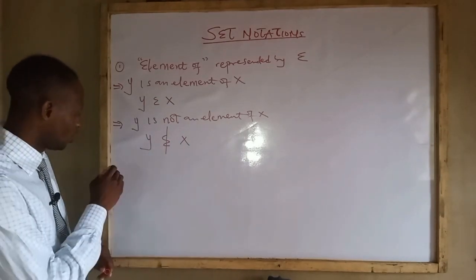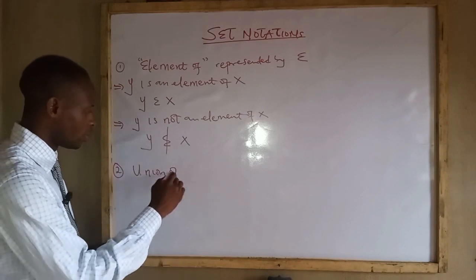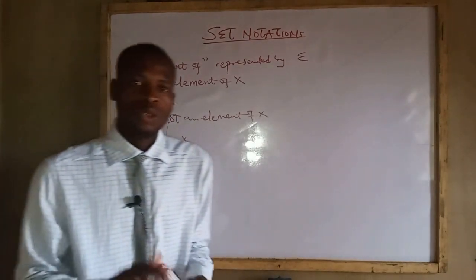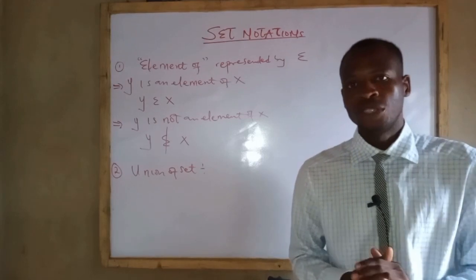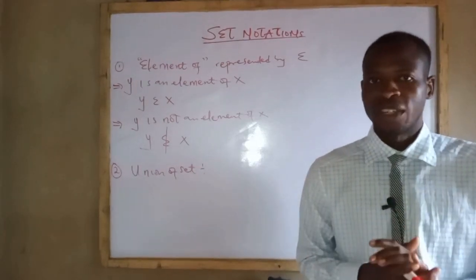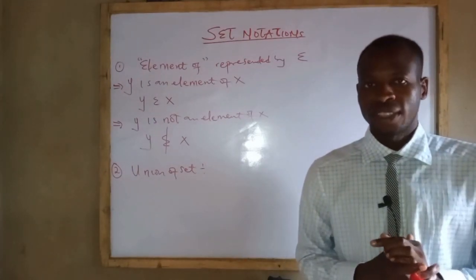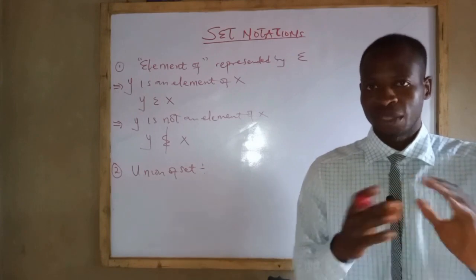Now the second notation to note here is known as union of sets. The union of two or more sets is the combination of the elements of the sets without repetition.